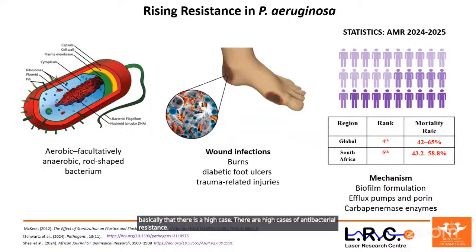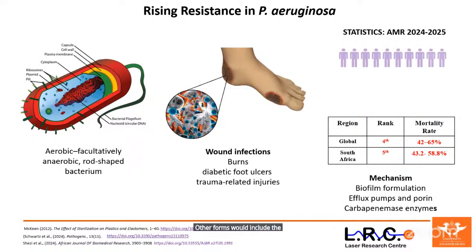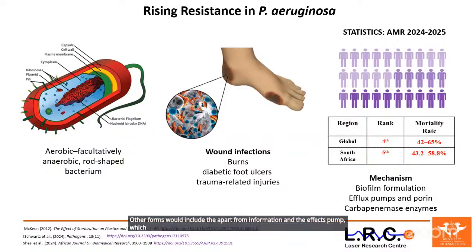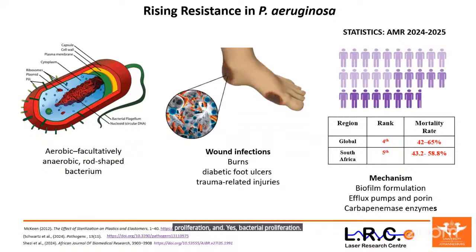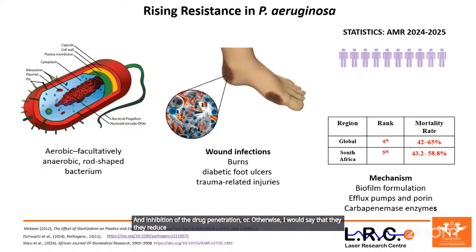Other forms include biofilm inflammation and the efflux pump, which through various mechanisms result in bacterial proliferation and inhibition of drug penetration, or otherwise, they reduce the healing of the wound.